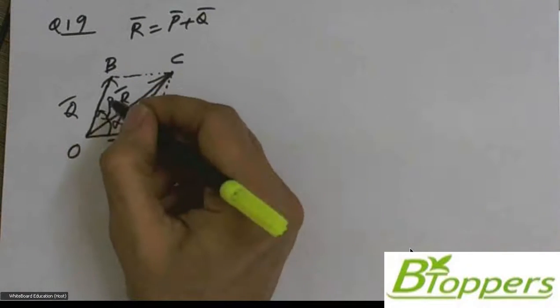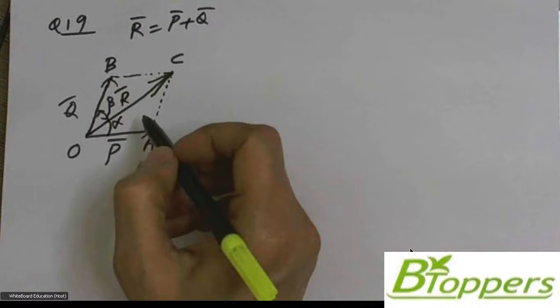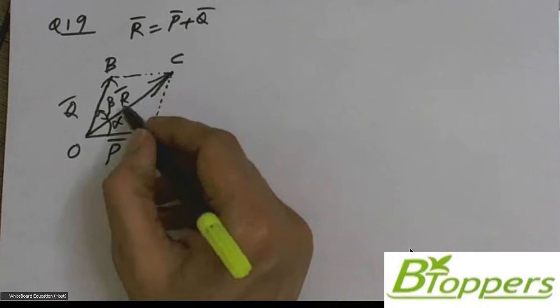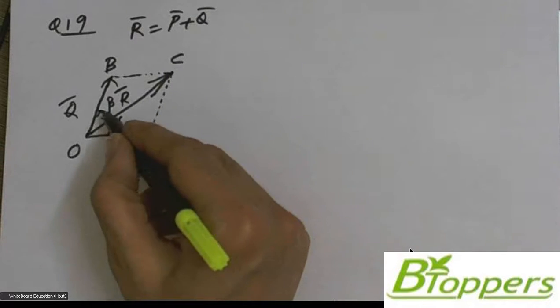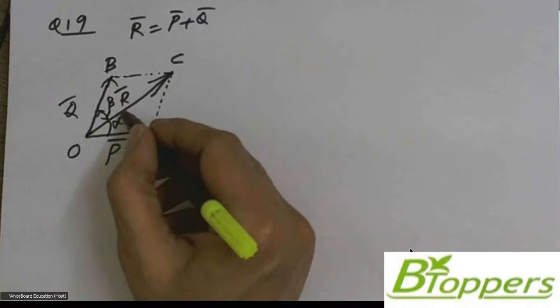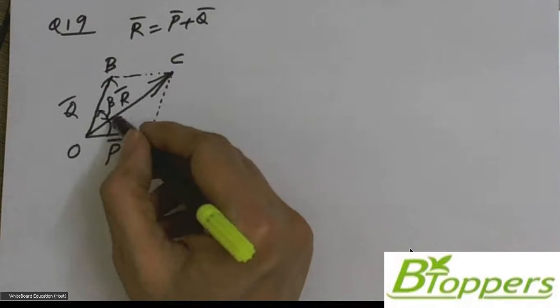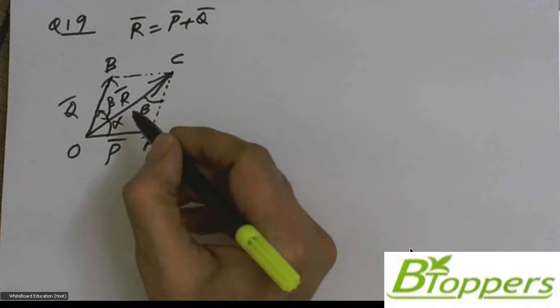The directed line segment OB bar represents vector Q bar. OACB is a parallelogram. The directed line segment OC bar represents the resultant R bar. When two parallel lines are cut by a transversal, alternate angles are equal, so this will also be equal to beta.